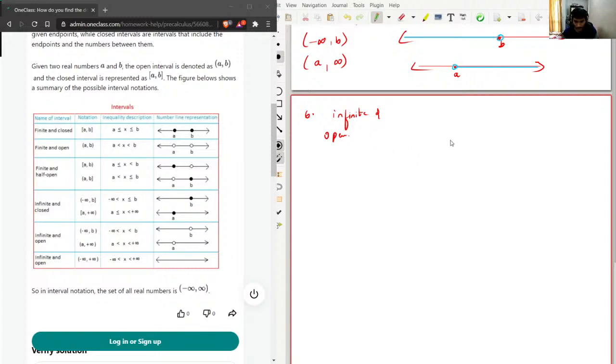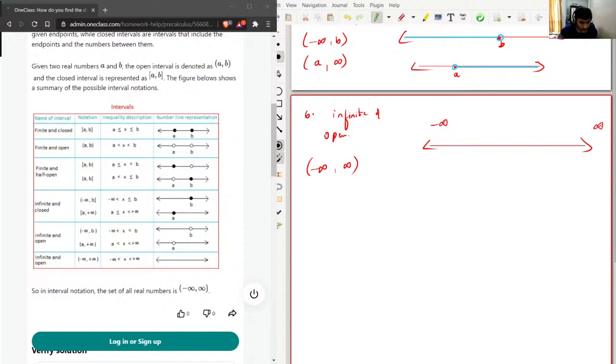So infinite and open, again this is the number line, minus infinity to plus infinity, and that is also the range of all real numbers. Basically all real numbers are from minus infinity to plus infinity, and I'm not going to draw a blue line because it will just overlap with this red color.